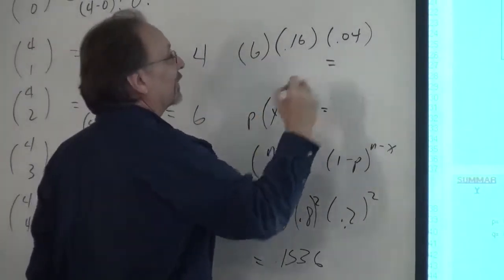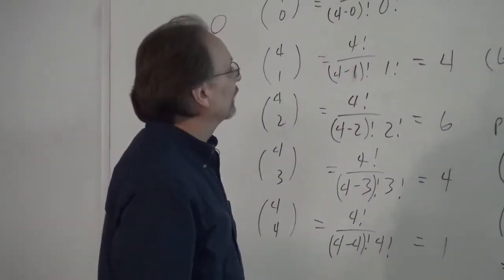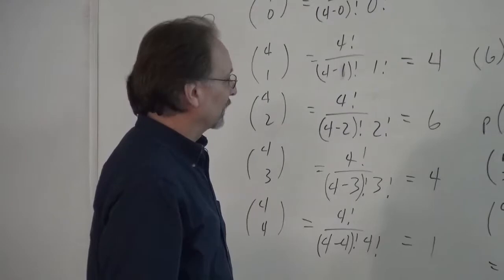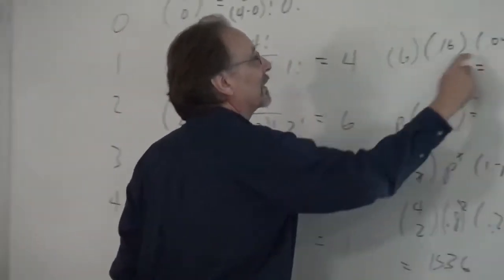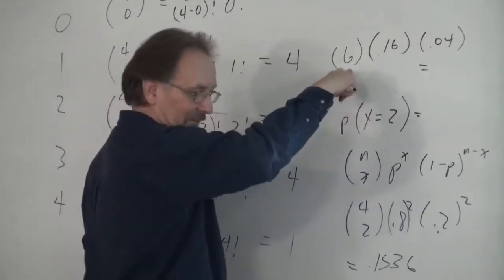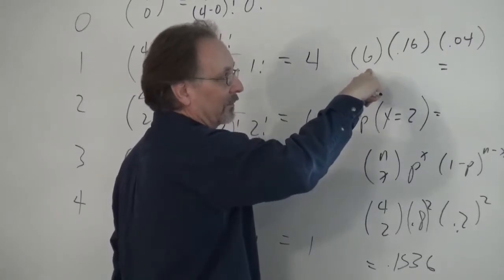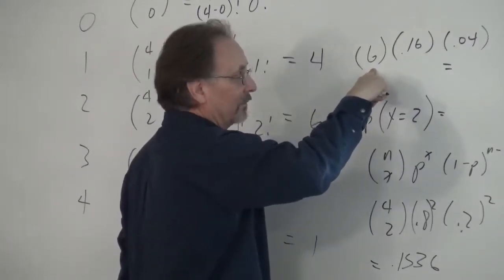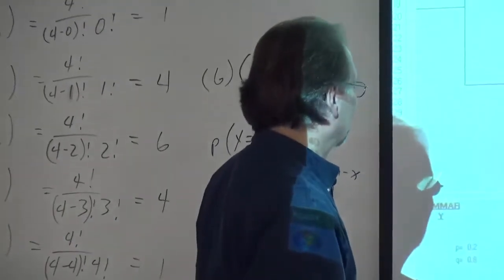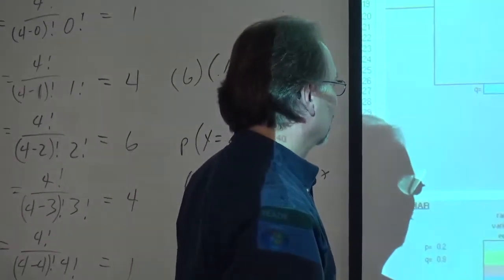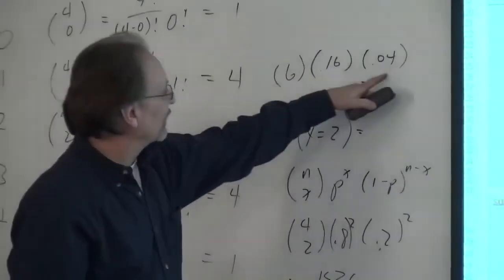Multiply that and make sure that I got it right. 0.64 times 0.04 times 6. What's 0.16 times 0.04?